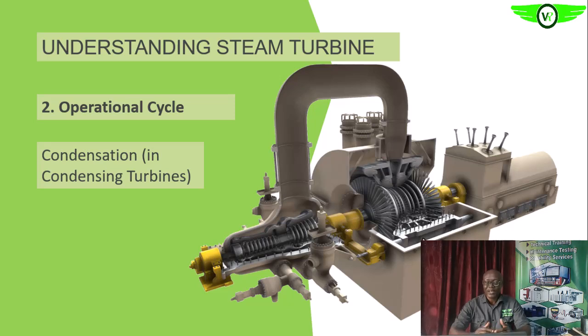That vacuum will help to pull the low pressure or low energy steam into a condenser, which is basically a heat exchanger, as we'll see later. That condenser will help cool the low energy steam and condense it to water, which is the condensate.